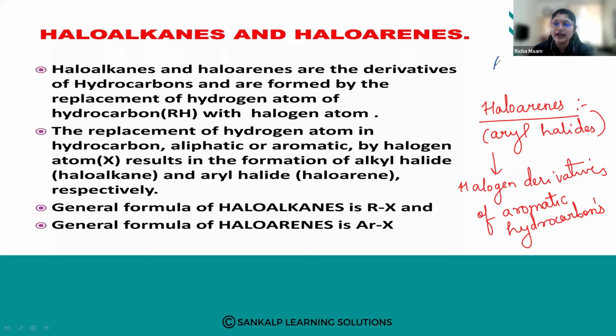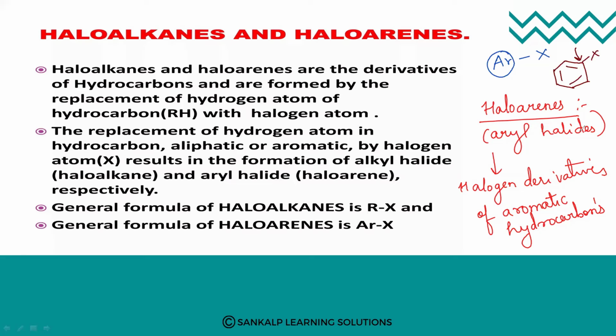I'll write ArX. This represents haloarenes. Ar means your benzene ring. Suppose I write the structure of a benzene ring here. The halogen atom is attached to the benzene ring. So what is the hybridization of this carbon? It is sp2.